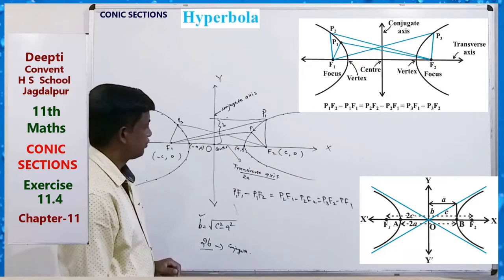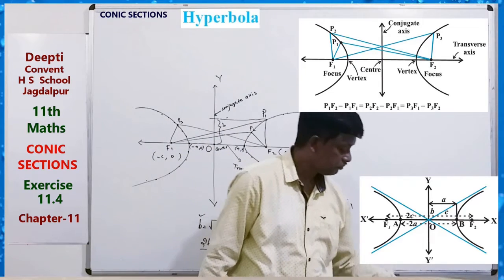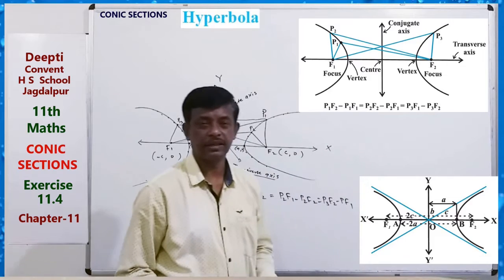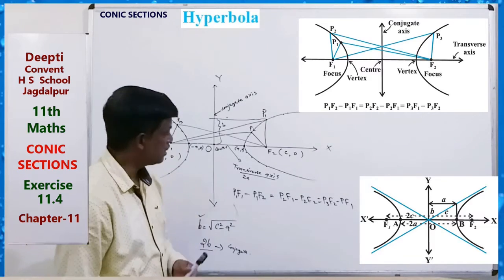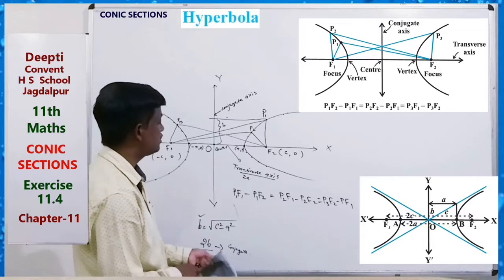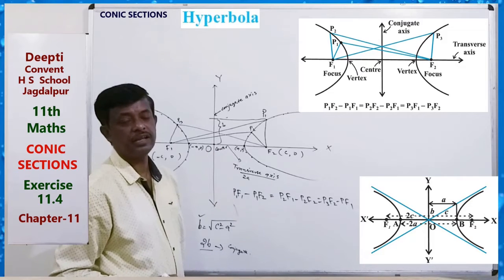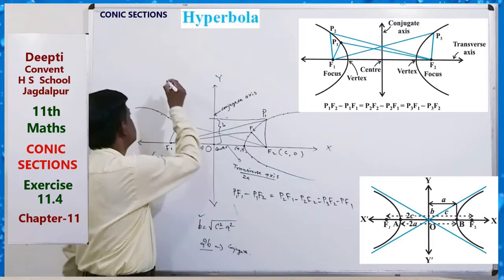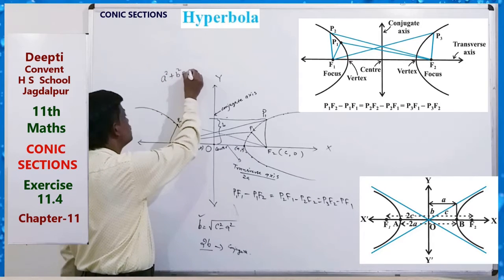Just like in the case of ellipse, we can find the relation between a, b, c here also, with a simple difference. Here a square plus b square equals c square.